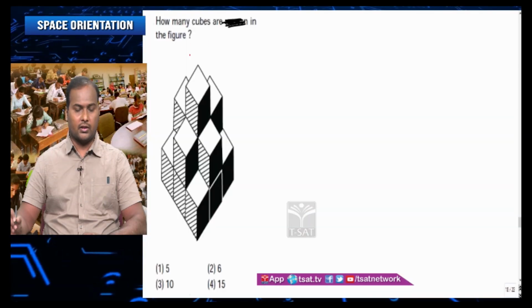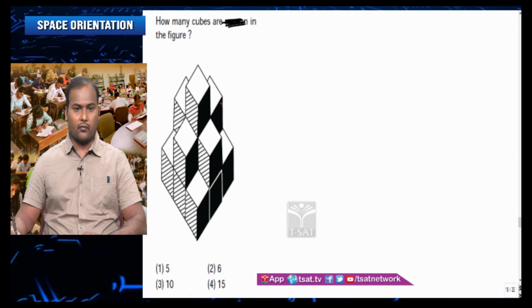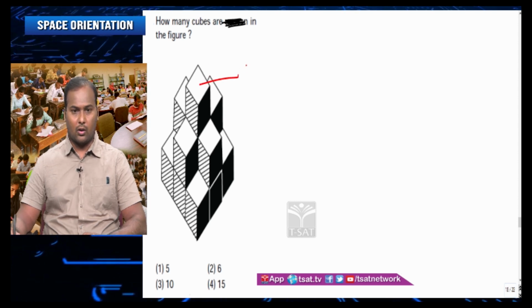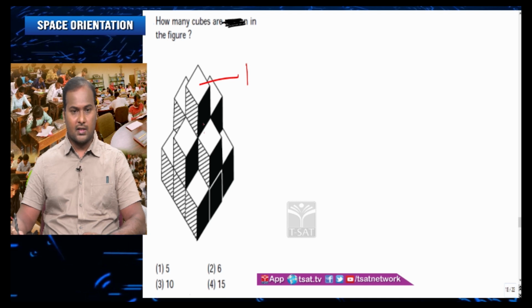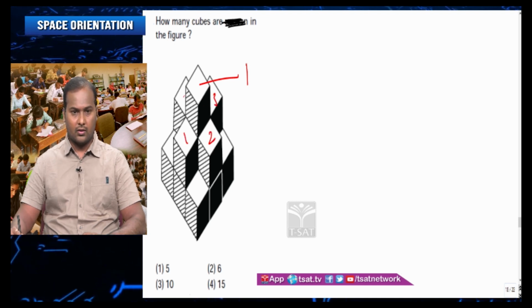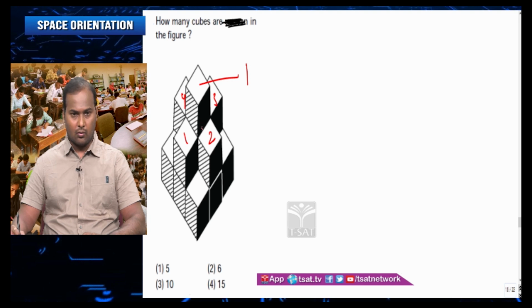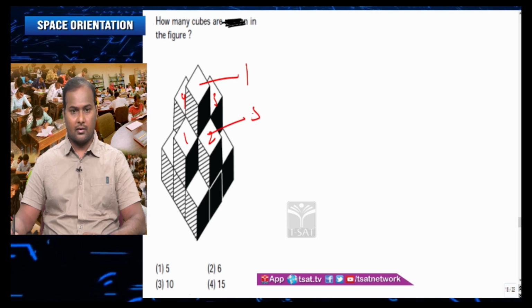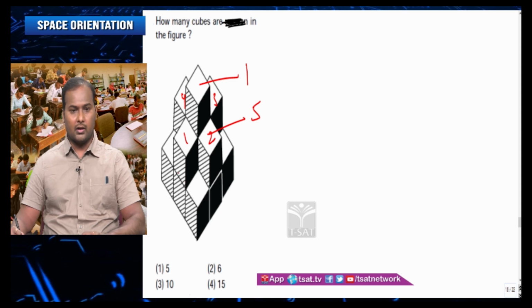Let's see this question. The question is, how many cubes are there in this particular figure? On the top you have one figure. See the second layer. In the second layer 1, 2, 3, 4. So 4 are visible. 1 is not visible at the center. So here total in this layer 5 are there. How many are at the bottom?